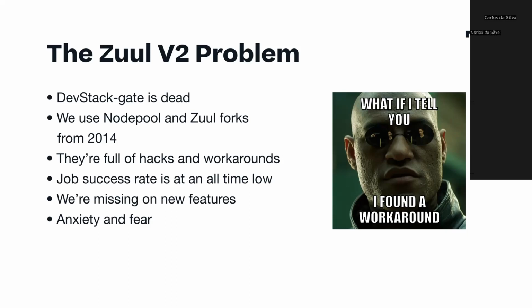So at some point in time, we forked them from OpenDev, and I believe the date is around 2014, if I'm not mistaken. And we are still using these forks. So we didn't receive any updates, I believe.